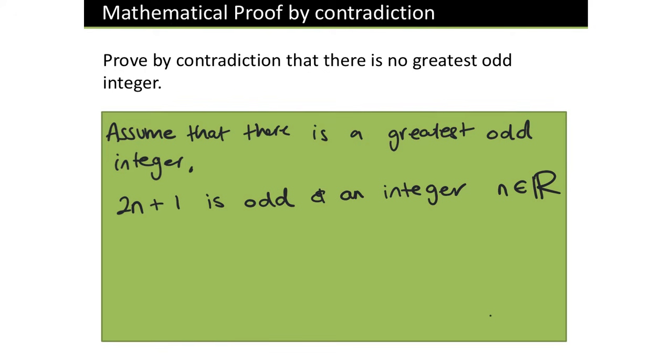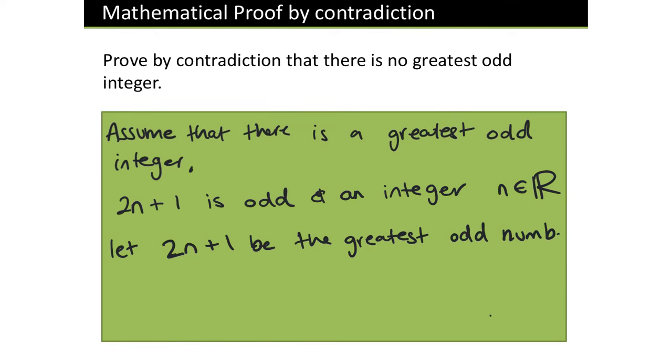We now need to say what is the greatest odd number. We've said that 2n plus 1 is odd and an integer, but we can now say let 2n plus 1 be the greatest odd number. Okay, so we've now stated it's still an integer. Now we're saying, let that be the greatest odd number.